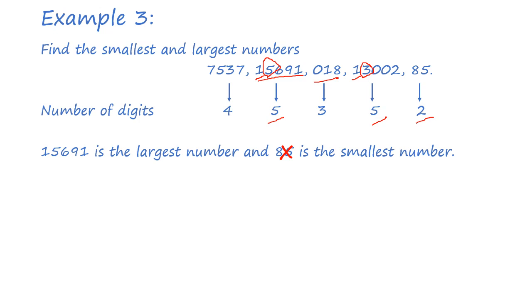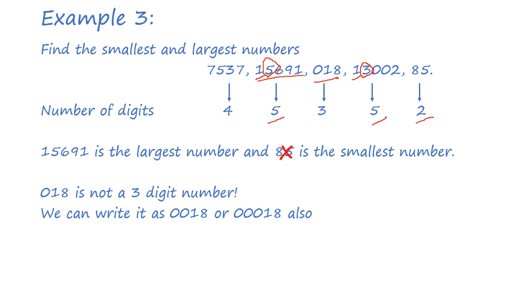I can see that I counted 18 as a 3-digit number, which is wrong. 18 is not a 3-digit number, because it was written as 018, I thought it is a 3-digit number. But if that is the case, we can write it as 0018 or 00018. That would make this number a 4-digit number and this number a 5-digit number, which is clearly wrong.